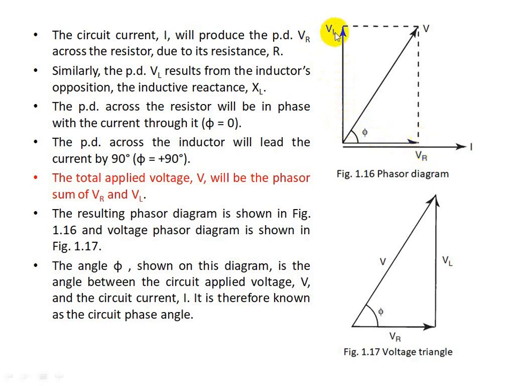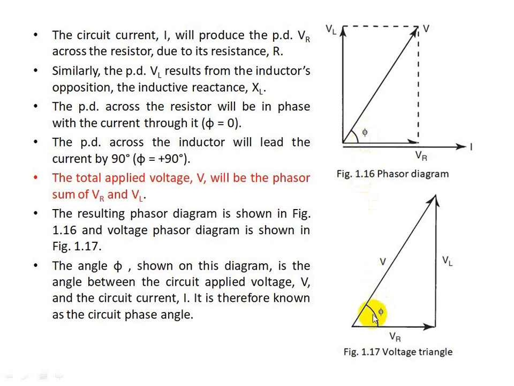So the vector addition of the real component and imaginary component, that is the horizontal component and vertical component, the resultant vector is V, the supply voltage. Therefore we can write V as VR plus j into VL. The phase angle between voltage and supply current we call phi. Phi is the phase angle, and cos phi is called the power factor.